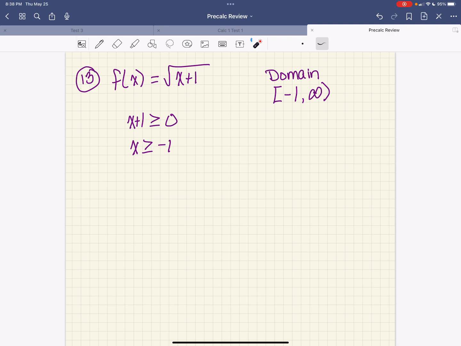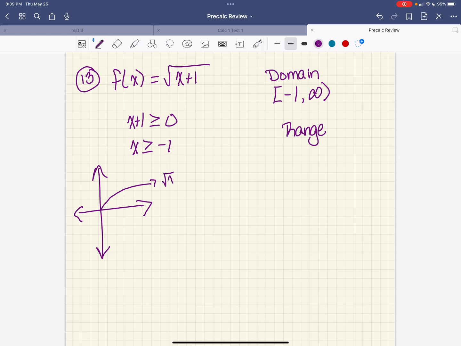Now, there are a couple of different ways that you can think about this for the range. Probably for this one, the simplest way is to just think about the graph of the parent function. If I were to sketch the graph of my parent function, it would look like this, and that graph is just the square root of x. If I shifted this graph 1, because I'm starting at -1, then it would look like this.